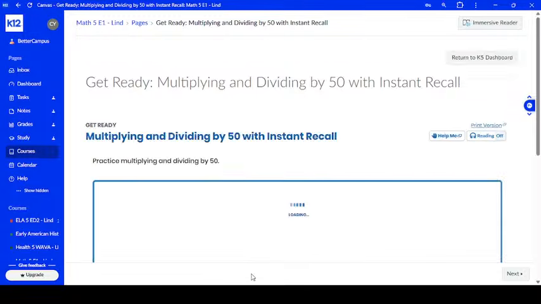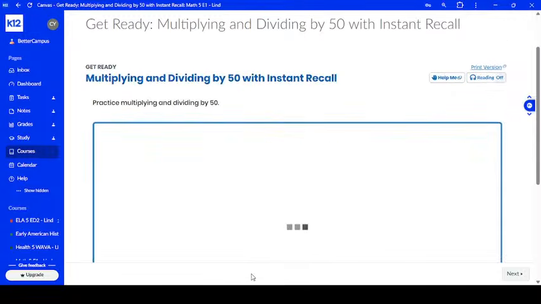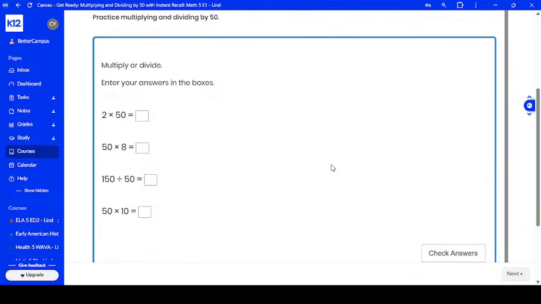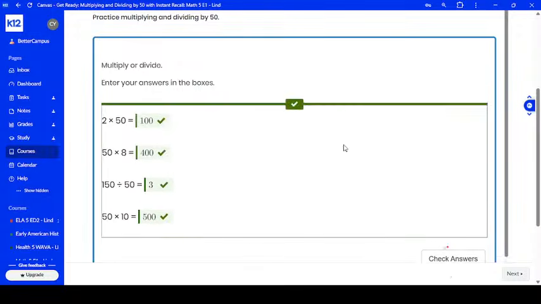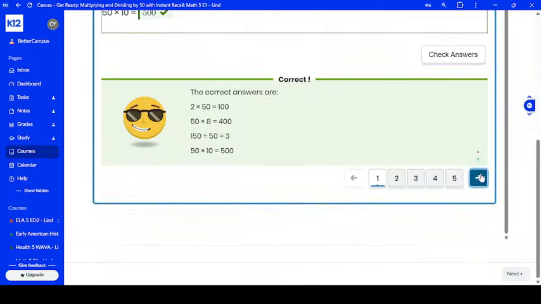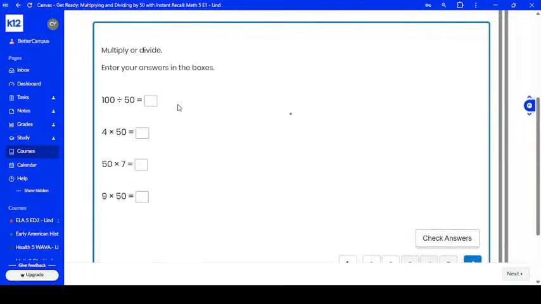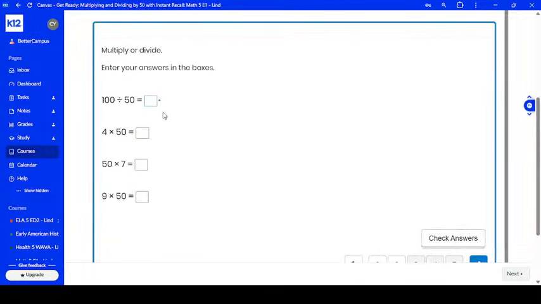Get ready. Instant recall. This is more than instant. Instant recall. Got all of them right, yeah. I'm gonna speed run this.